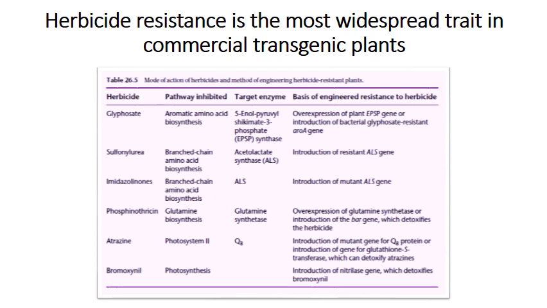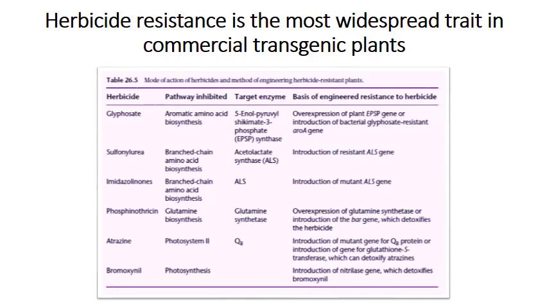An alternative approach is to modify crop plants so that they become resistant to broad spectrum herbicides, incorporating selectivity into the plant itself rather than relying on the selectivity of the chemical.